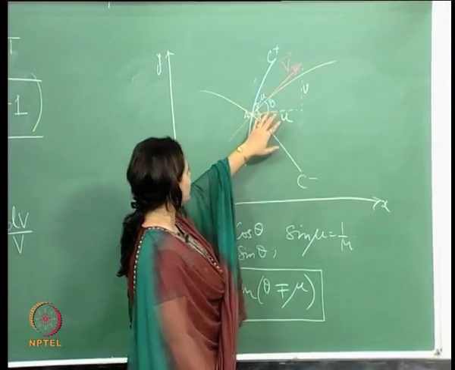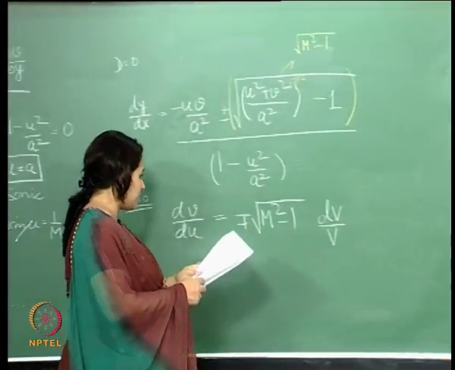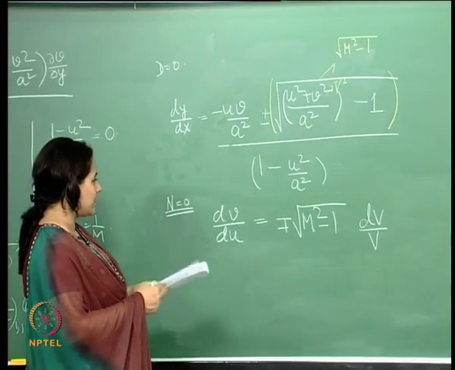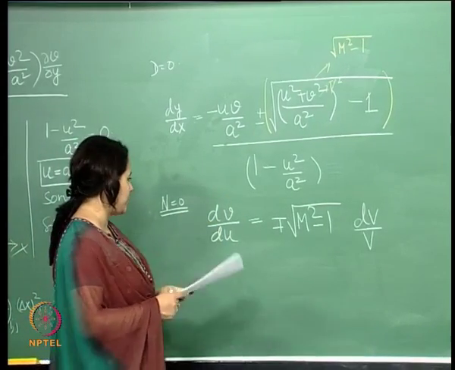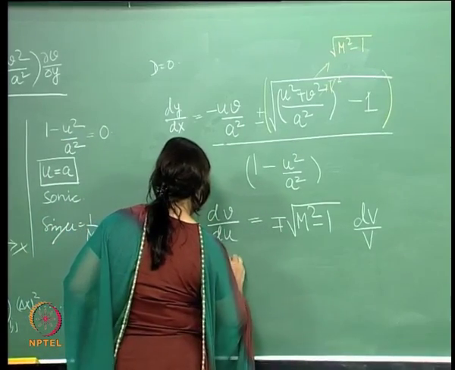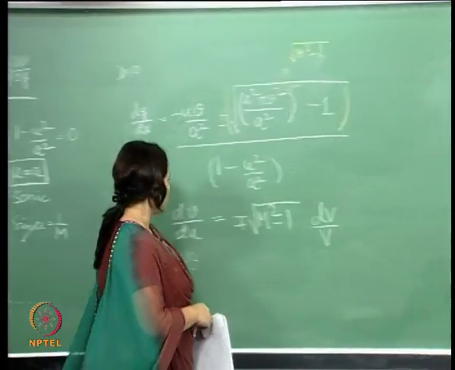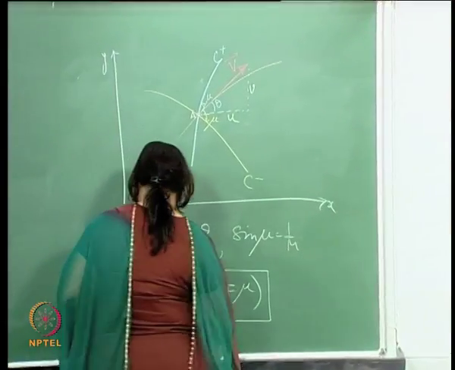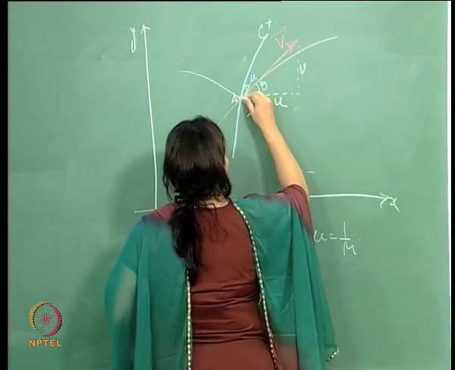So here now if you see dv by du, with respect to the diagram that we've done here, we can write this also as d theta.